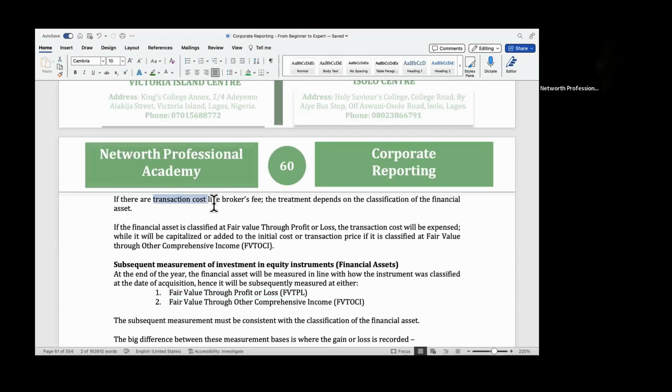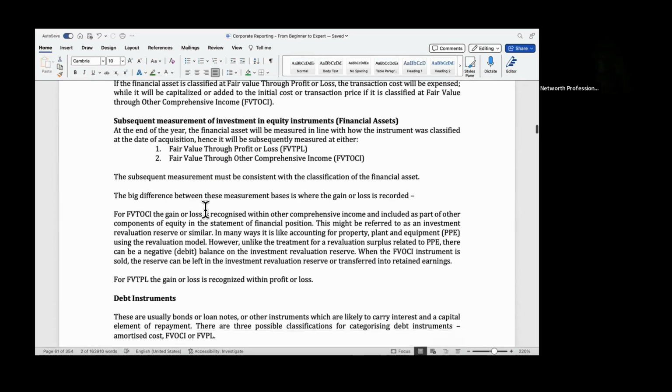But if you had classified it at fair value through OCI, that transaction cost must be capitalized. When I say must be capitalized, I mean that it should be added to the initial cost incurred on that financial asset.